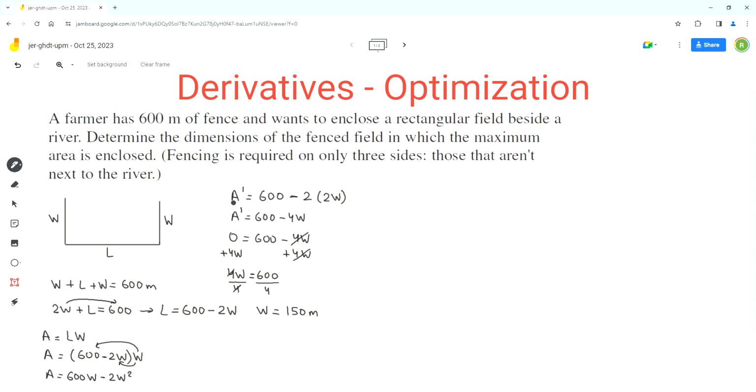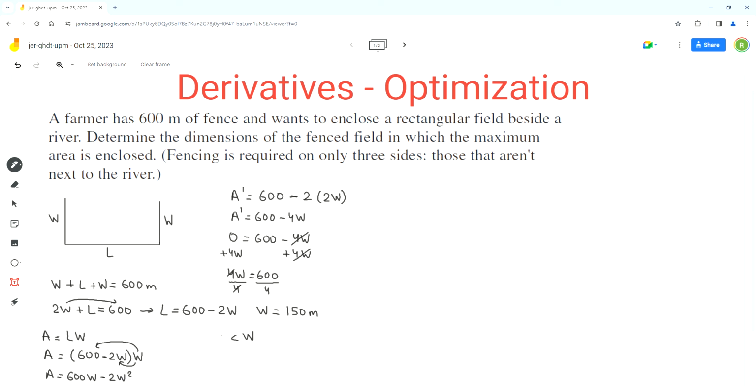Now we also have to write the interval for W, which represents the possible values of W for this problem. So we know W represents width, and width cannot be 0 or less than 0 for this situation because this is a two-dimensional shape, and if the width becomes equal to 0, then this rectangle will become a straight line.